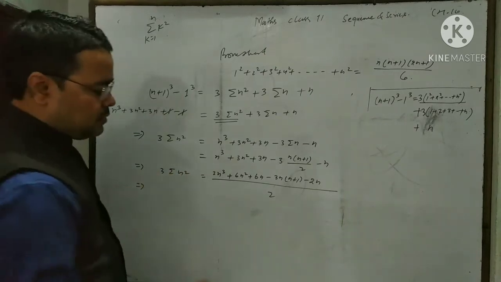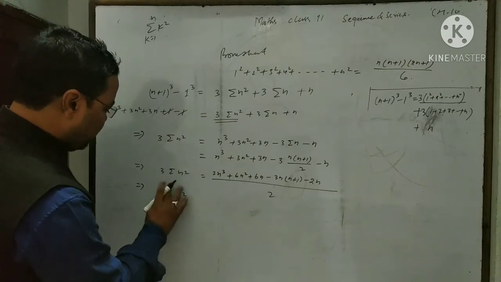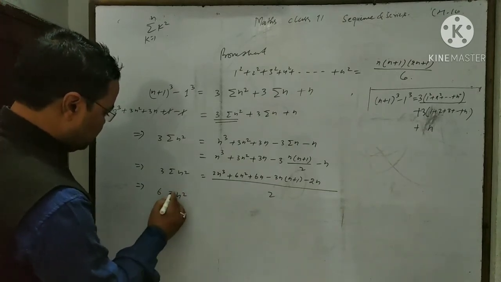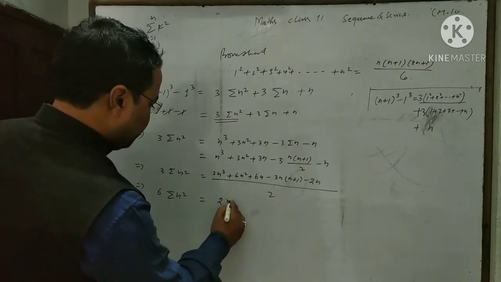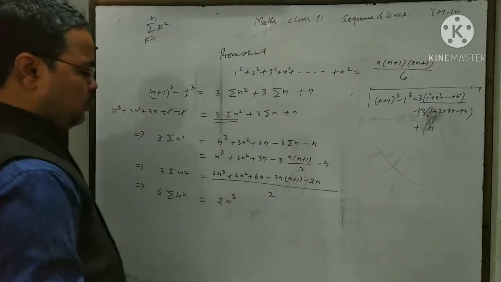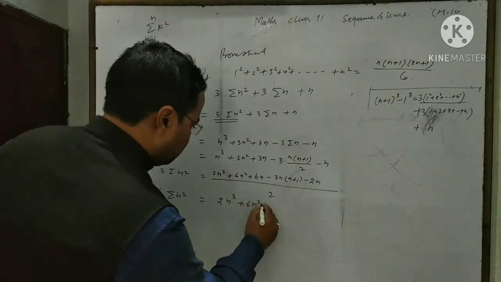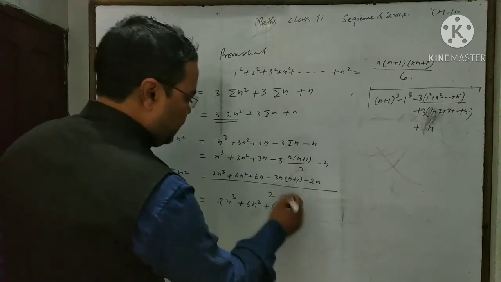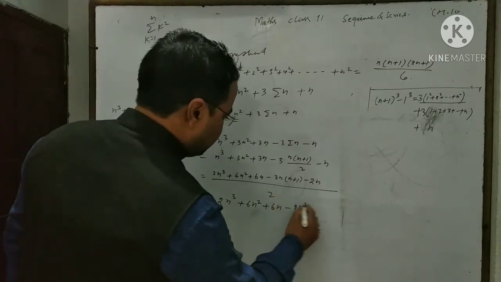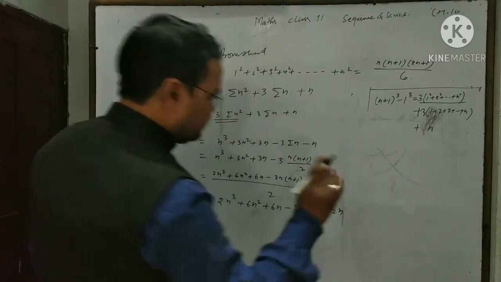Now transfer this 2 to this side. It will be 6 sigma n², equal to 2n³, plus 6n² plus 6n minus 3n², minus 3n minus 2n.